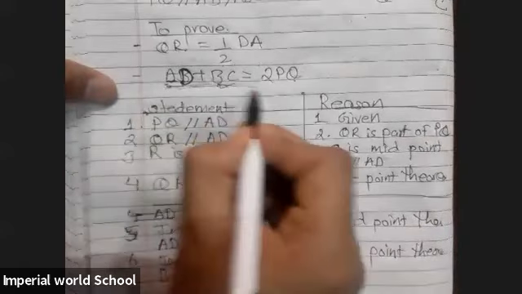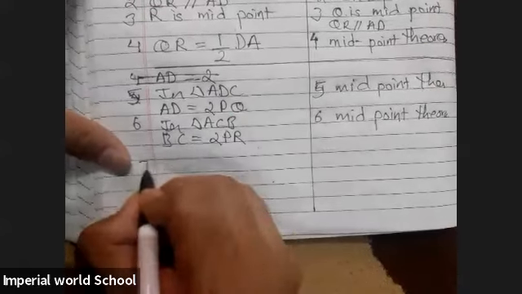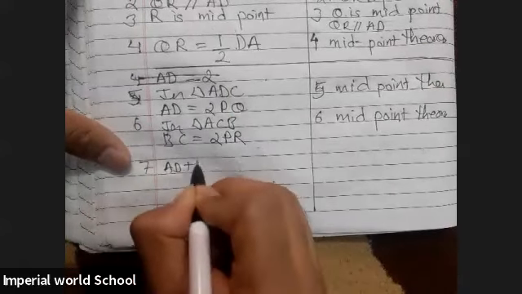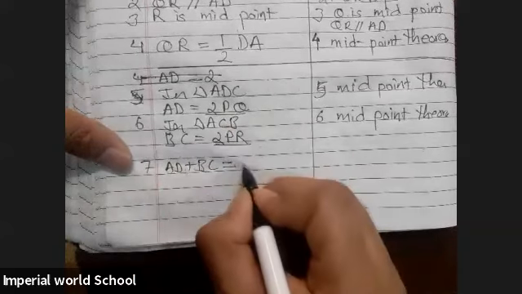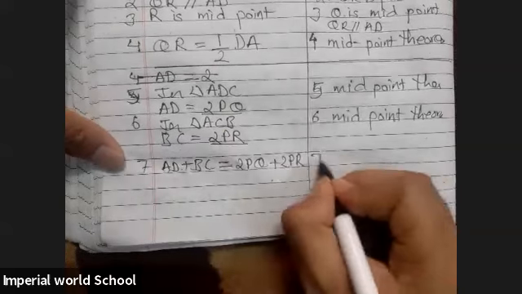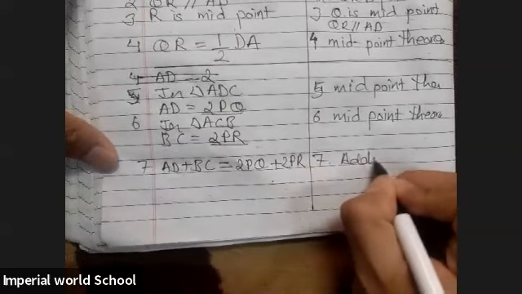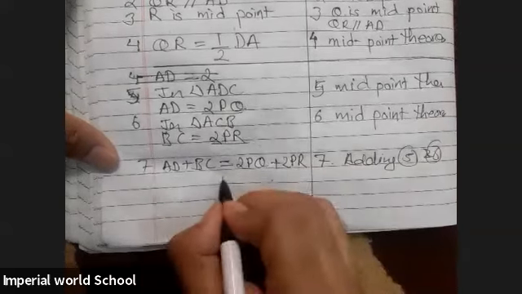Okay, now we are going to prove. Now according to the question, we have to get this equation, isn't it? This is our target. So AD plus BC is going to be 2PQ plus 2PR. The reason for this is adding 5 and 6.